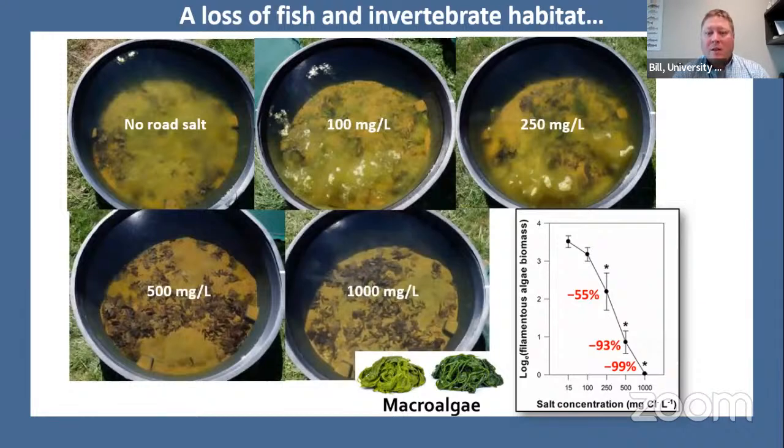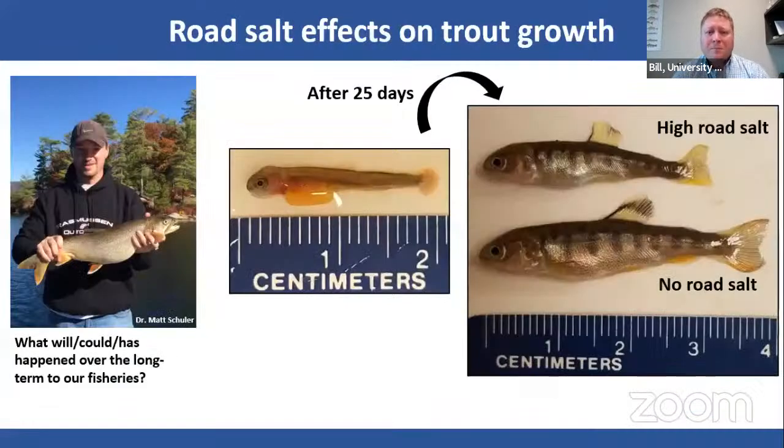So it serves as not only refugia for fish and young fish and macroinvertebrates from other predators, but can also provide a substrate and a food resource for a lot of invertebrate species. So we've noticed pretty precipitous declines as we increase our salt concentration in this freshwater macroalgae species.